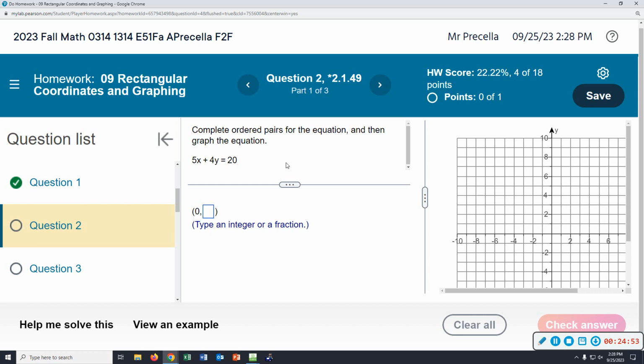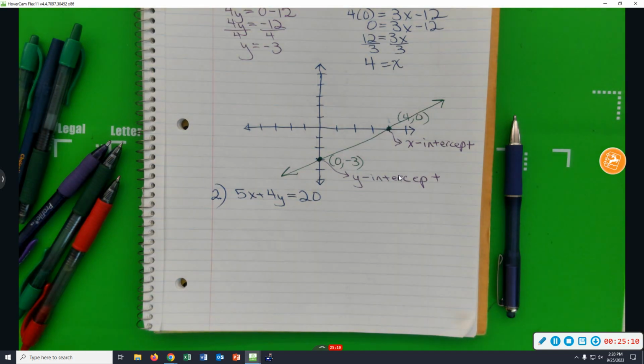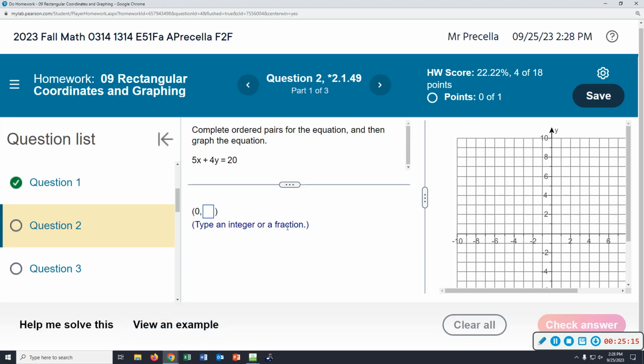Number 2, 5x plus 4y equals 20. And let me make sure I've written it down correctly. Yes. Oh, wait, I better read what the instructions say to do. I wrote down the equation.